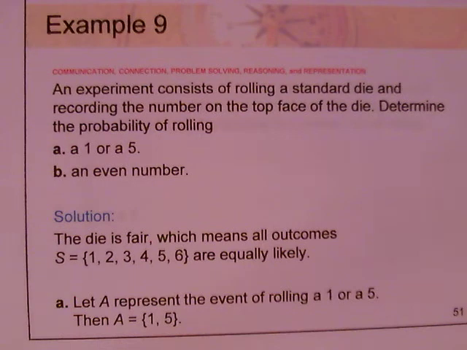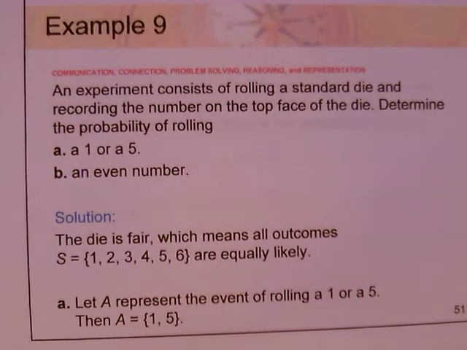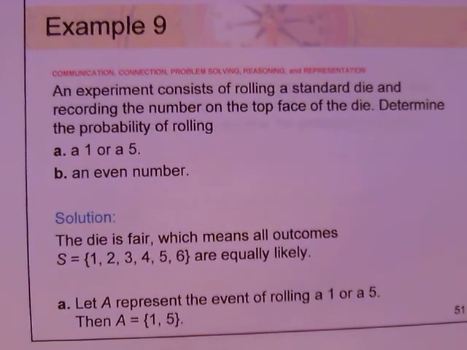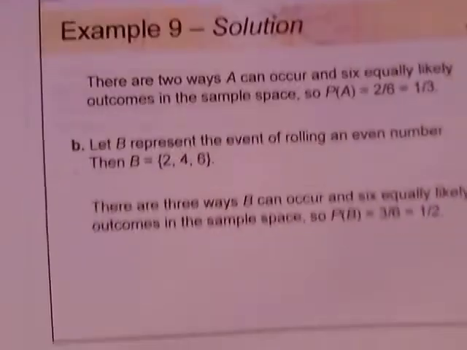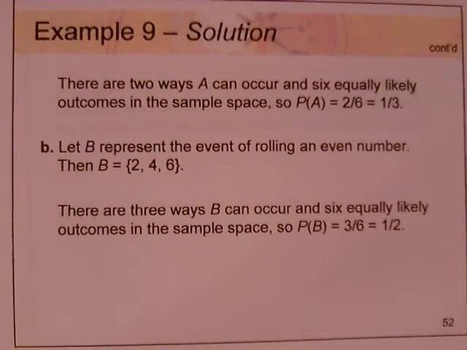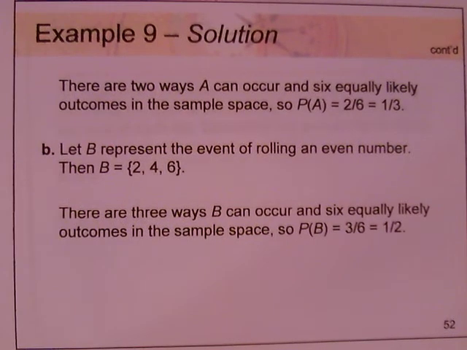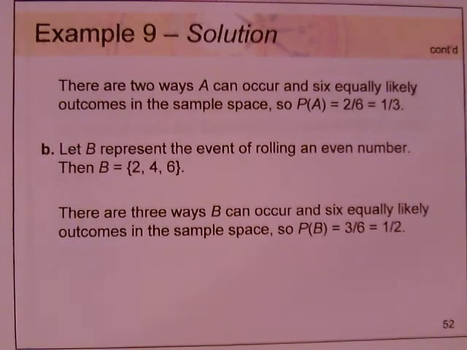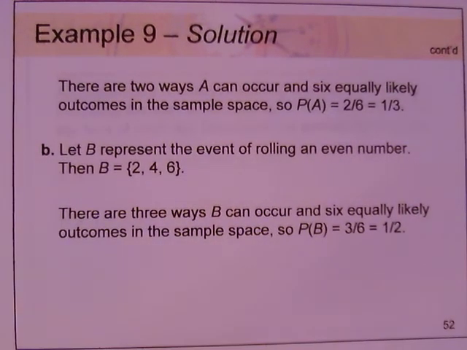In part A, we're going to let A represent the event of rolling a 1 or a 5. So that means A will be {1, 5}. There are 2 ways that event A can occur and 6 equally likely outcomes in the sample space. So the probability of event A is going to be 2 divided by 6, or 2/6, which we can reduce to 1/3.